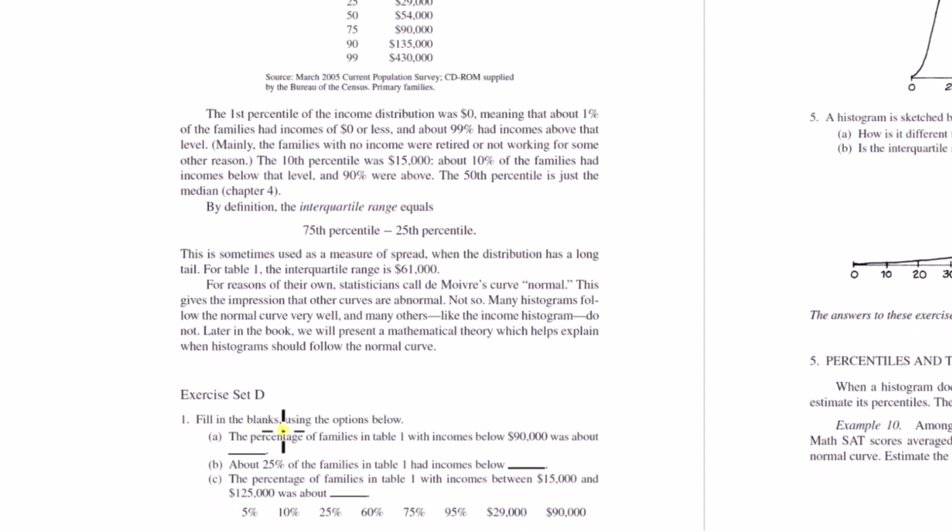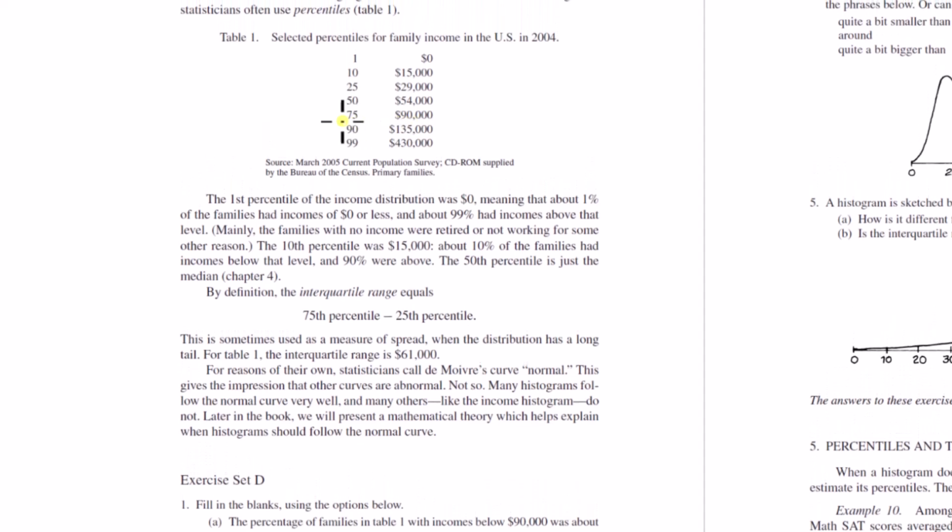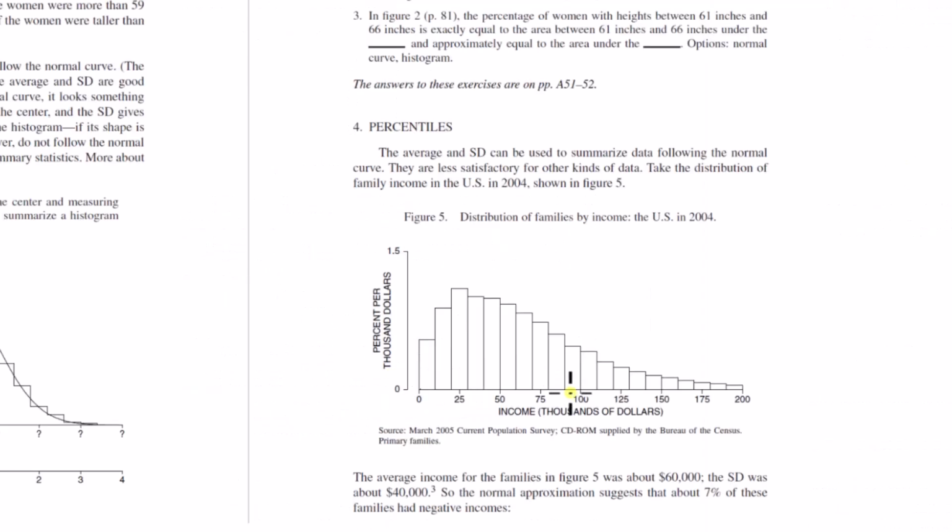Fill in the blanks using the options below. The percentage of families in Table 1 with incomes below $90,000 was about what? Well, what percentile is this? That's the 75th percentile. Let's come back here to the income table. So here's 90,000 about, right?